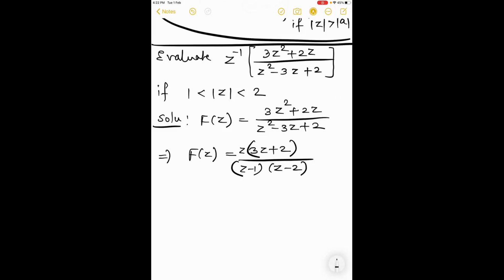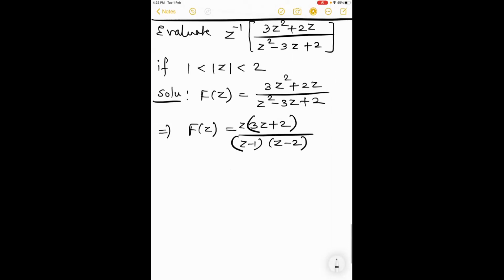So the denominator contains two linear factors, non-repeated, so you can perform the partial fraction form. Therefore, F(z) upon z, I take the z here, can be written as 3z plus 2 upon z minus 1 into z minus 2. Now it is in the standard form.